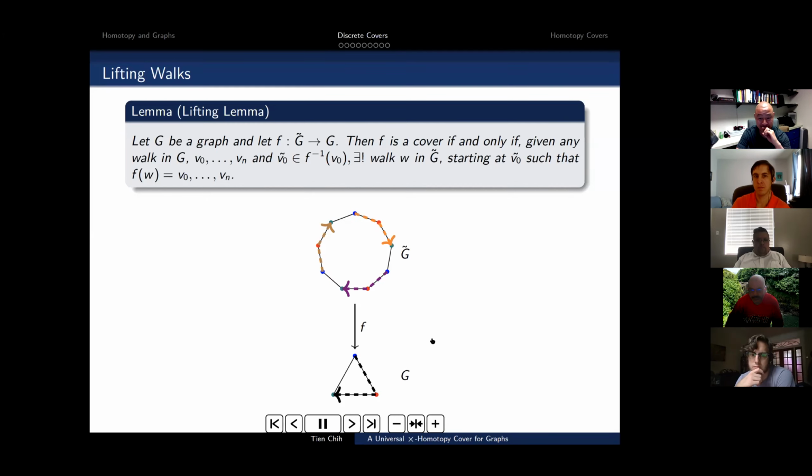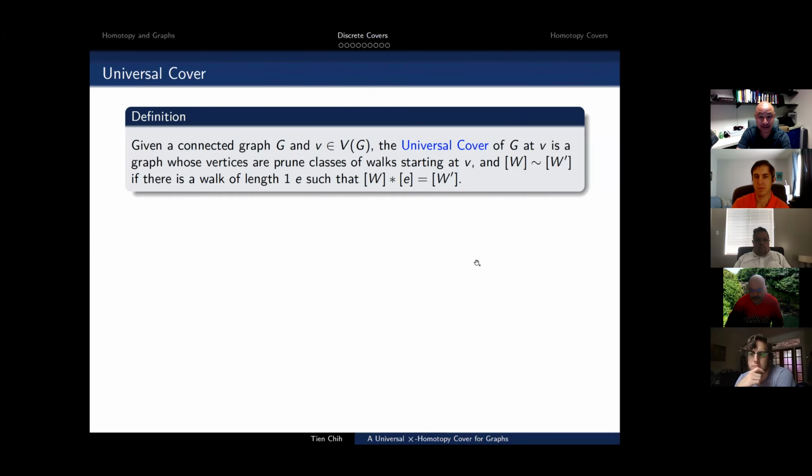And so we get this lovely sort of picture here. And so now we are going to define the universal cover. The universal cover of G is going to be, in our language, its vertices are going to be pruned classes of walks.